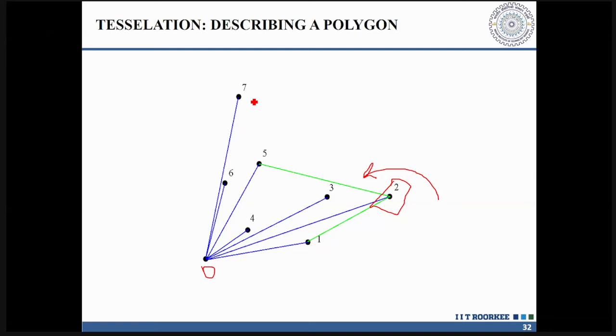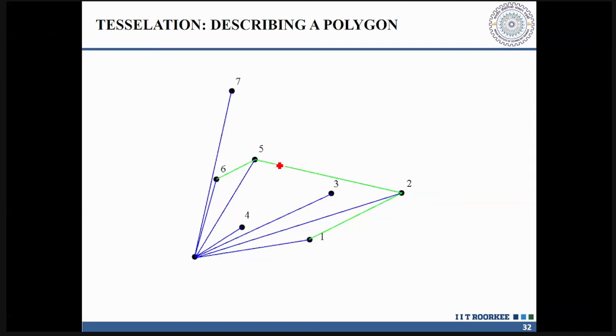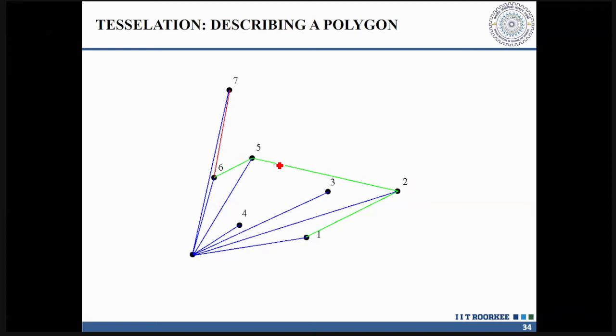1 to 2, 2 to 5, 5 to 6, 6 to 0. No. Now see, once you are at 5, you are moving towards 6. It's a good turn. From 6, you have to still move towards 7. Once you are at 6, you are moving towards 7. That is a right turn, a bad turn. Skip this.